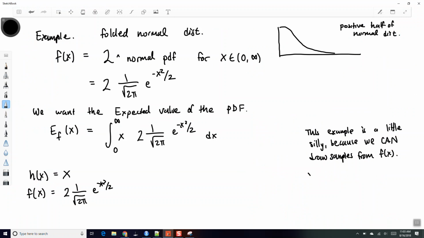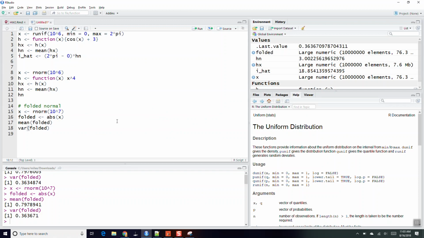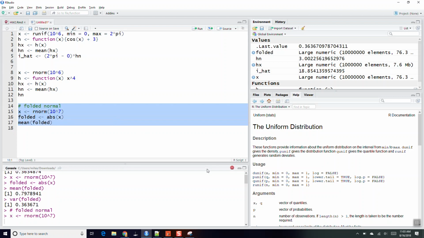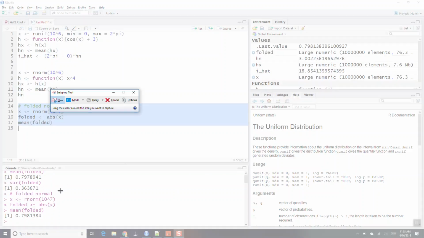All we have to do is just say x is... I don't have to actually rewrite this. All right, so I'm going to just copy this.